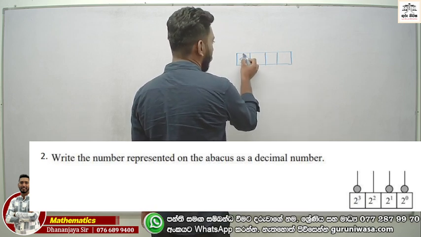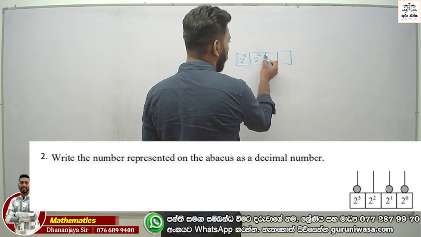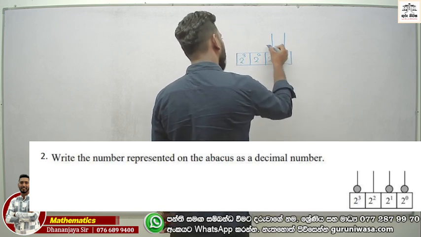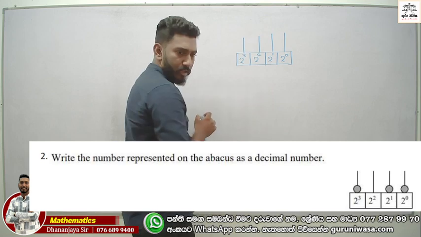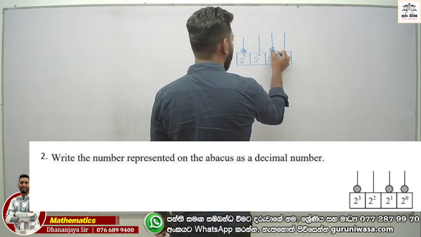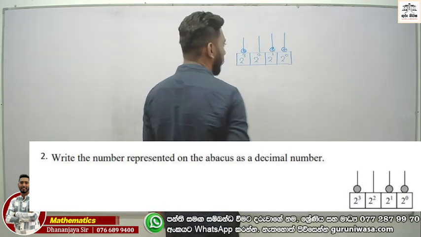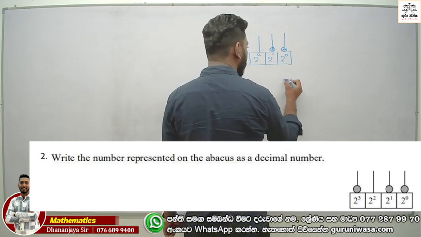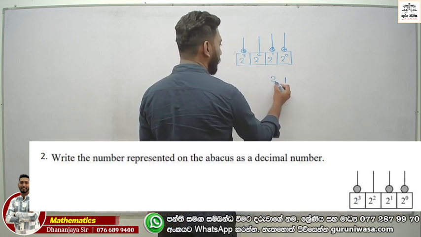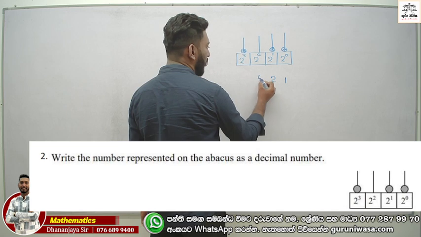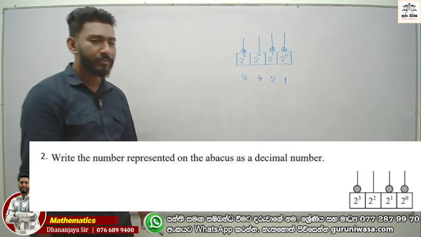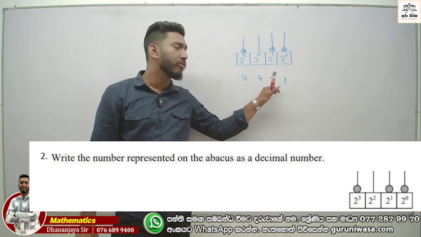2 to the power of 3, 2 to the power of 2, 2 to the power of 1, 2 to the power of 0. Here is a 1, and here is a... you can write 2 to the power of 0 is 1, 2 to the power of 1 is 2, 2 to the power of 2 is 4, and 2 to the power of 3 is 8. You remember it doubles, right? 1 becomes 2, 2 becomes 4, 4 becomes 8.